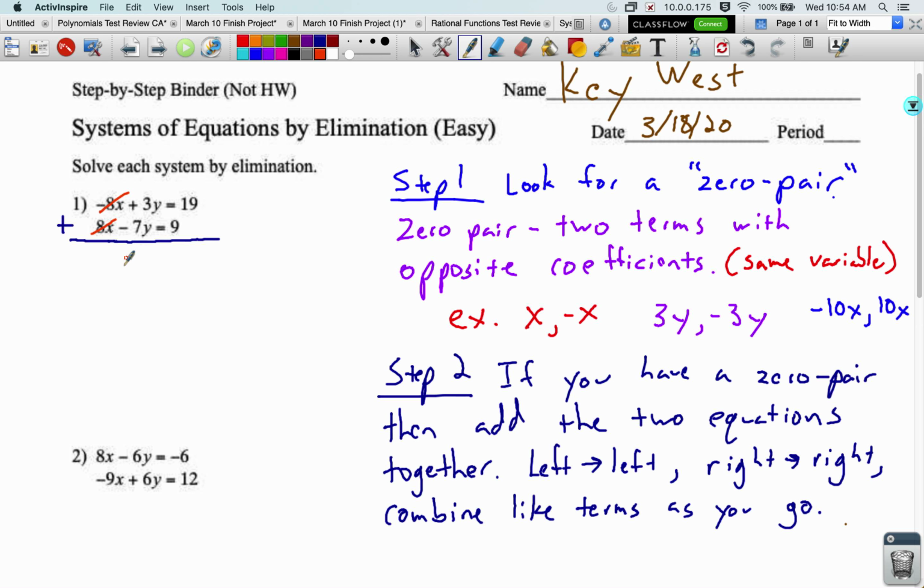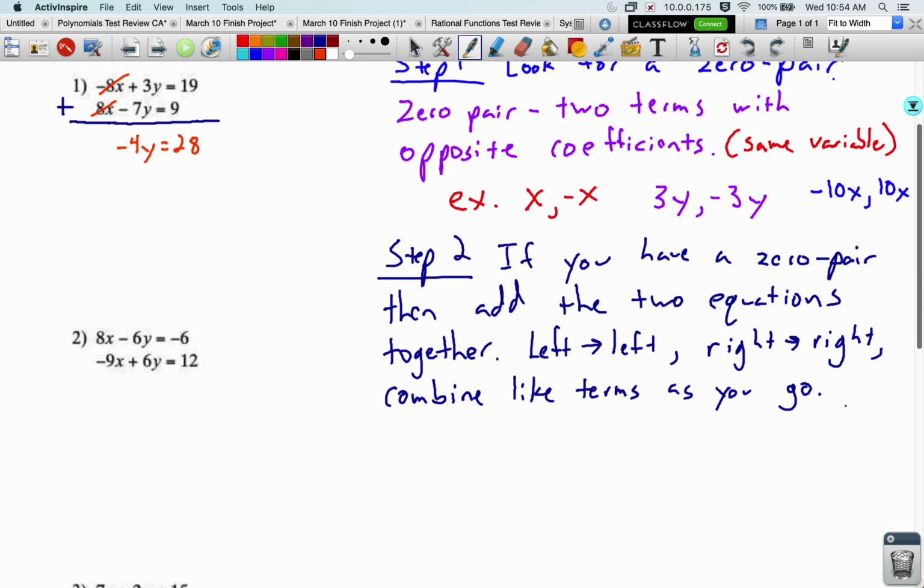That's 0x. We don't even have to write that. That's why this is called elimination. That's what just eliminated. 3y plus a negative 7y, well, that's a negative 4y. And 19 plus 9, that's a 28. All right, so we added everything on the left, these two terms combined, we added everything on the right, these combined, and these eliminated. An equal sign stays in the middle.